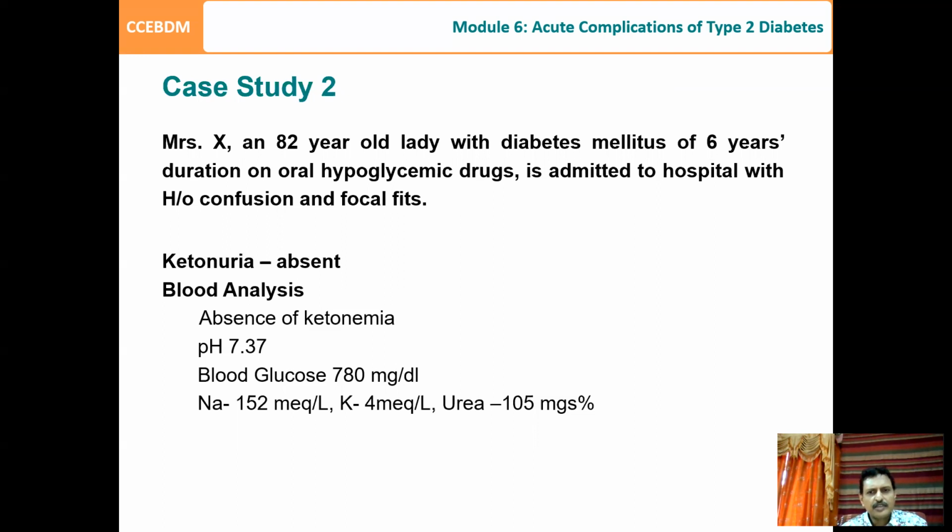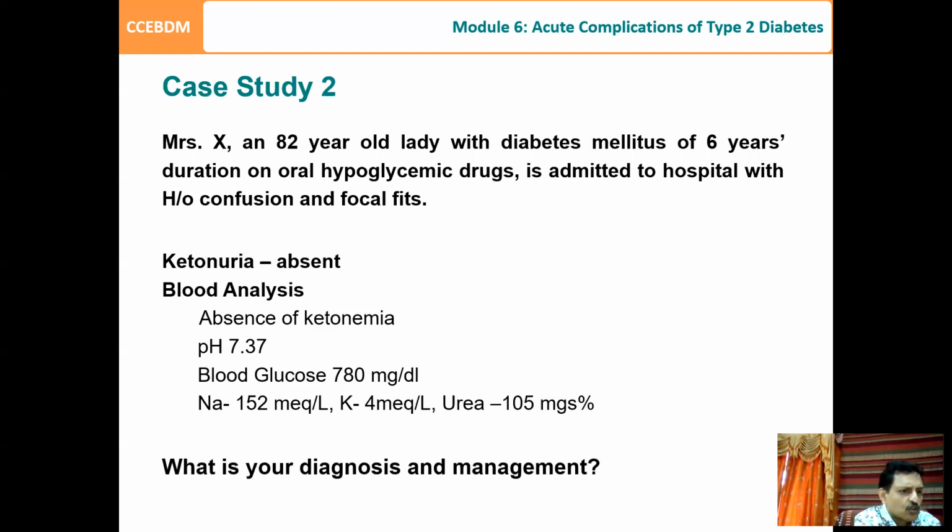And you will find that there is some rise in the urea and creatinine value as well because of the dehydration. Mostly it is found among elderly subjects and develops among patients who have type 2 diabetes. But let me tell you, a type 1 diabetic patient can also develop hyperosmolar coma. So this is the diagnosis. If I ask, the diagnosis is basically hyperosmolar coma in this particular case.